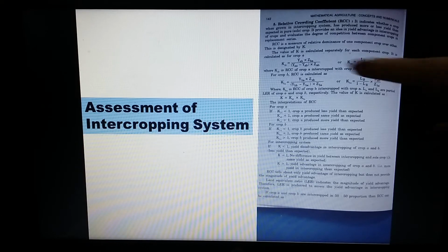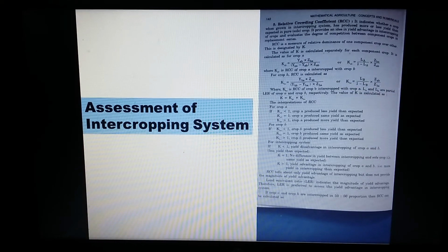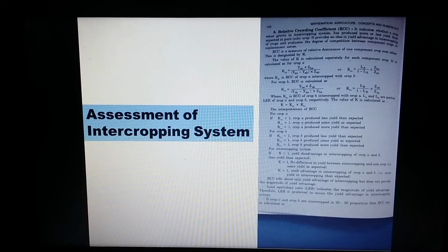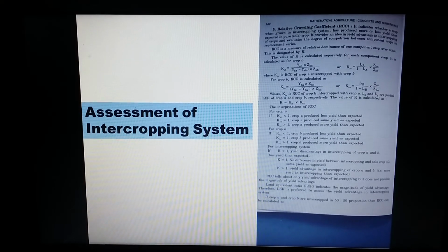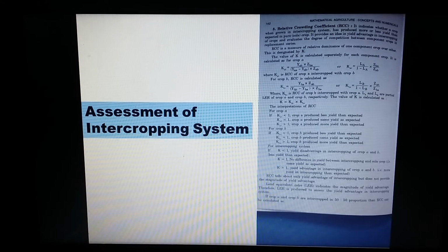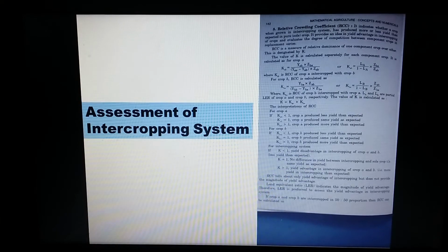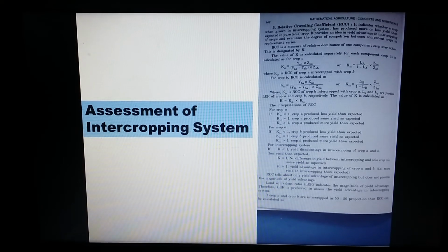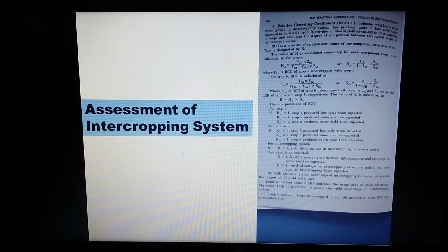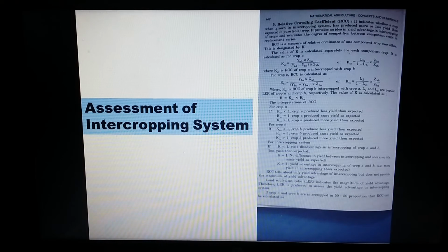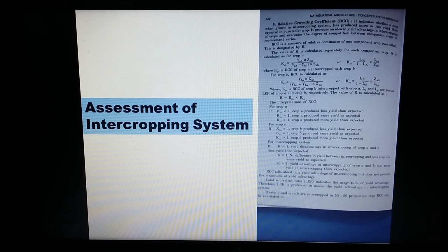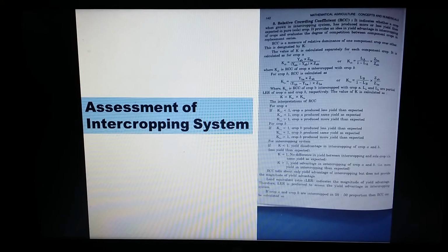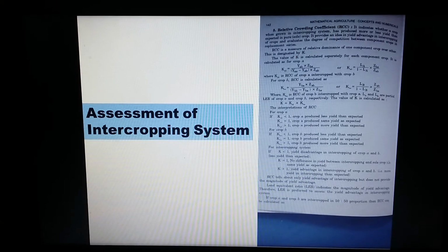So the K for crop A is equal to YAB into ZBA divided by YAA minus YAB into ZAB, and the relative crowding coefficient for crop B is equal to YBA into ZAB divided by YBB minus YBA into ZBA.